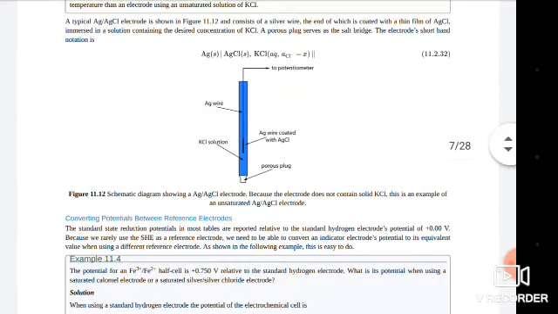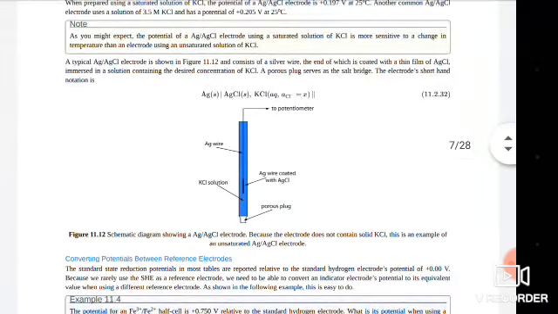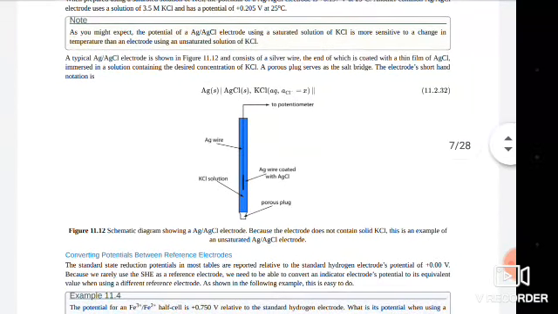See, the AgCl electrode arrangement is simple. It consists of a silver wire, the end of which is coated with a thin film of AgCl, immersed in the solution containing the desired concentration of KCl, that is 3.5 molar.